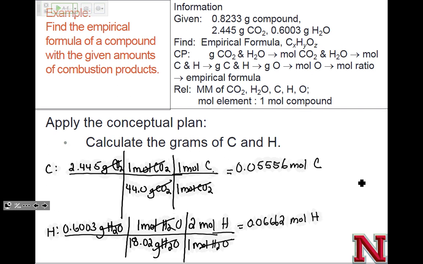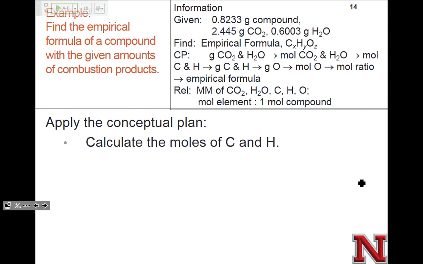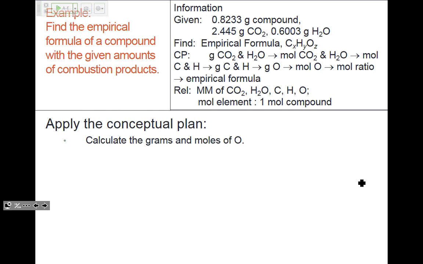I think I skipped that page. Okay, pretend like it's there. So, 5. This is just my moles I calculated from the page before.